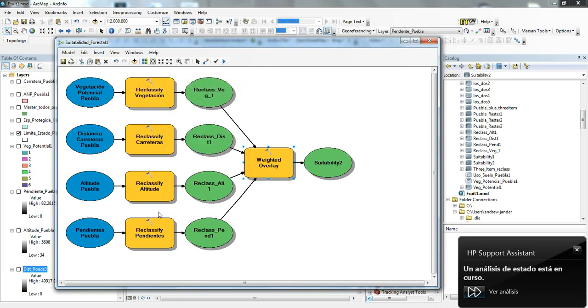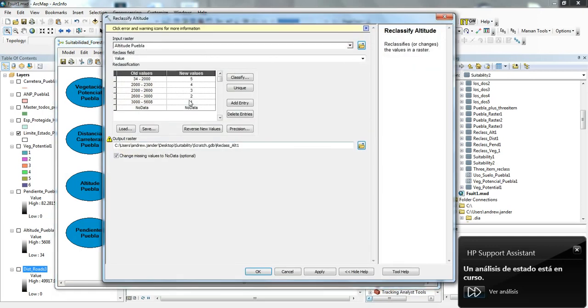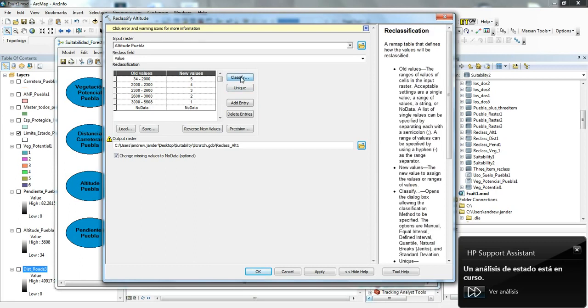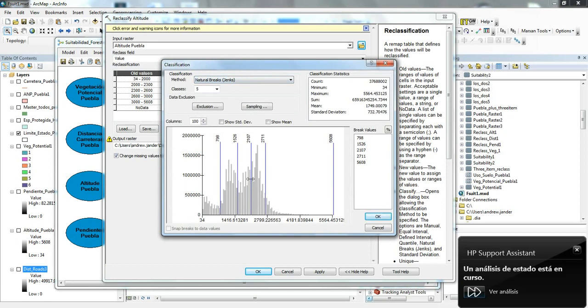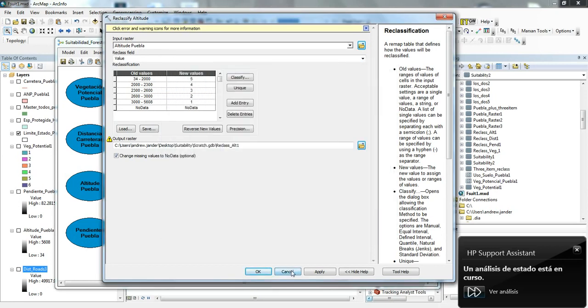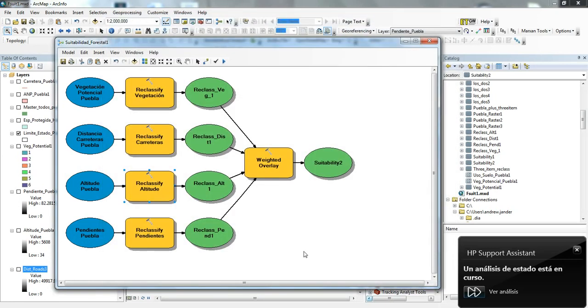Say a different altitude was considered more highly valuable, and we could go in here and change the values using this classify tool. And if we found out through a certain study that one area of elevation was more favorable than another, we could use that data, and then we could change accordingly to make the model track those types of values more closely.